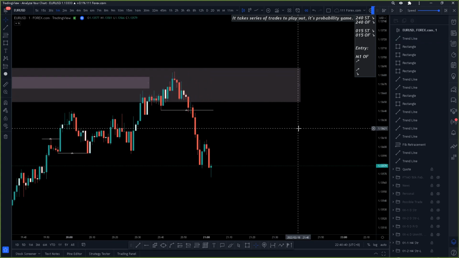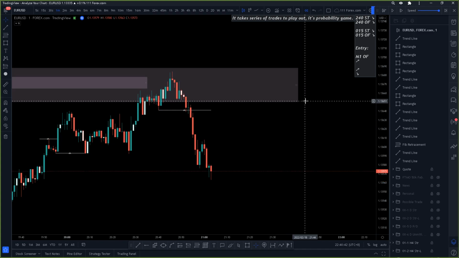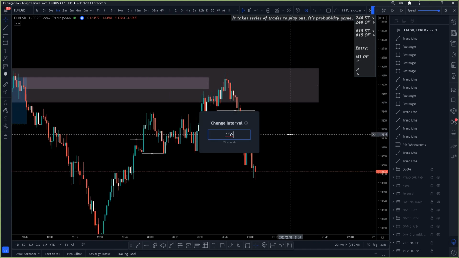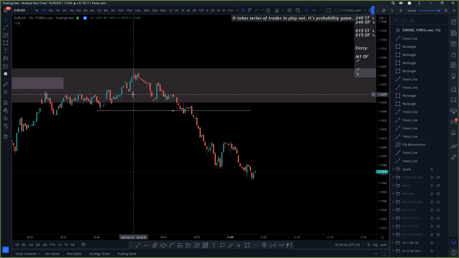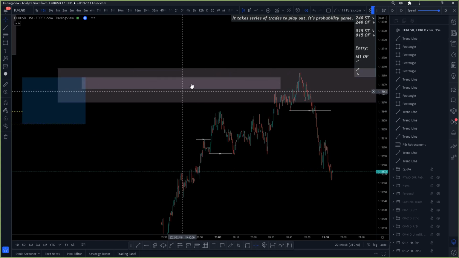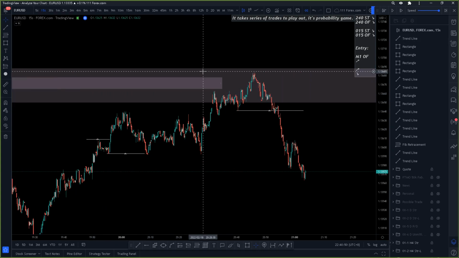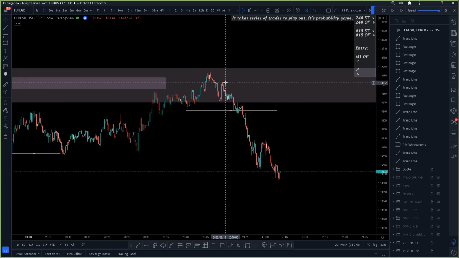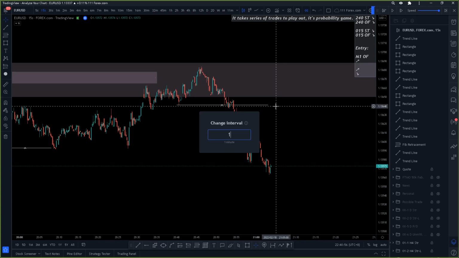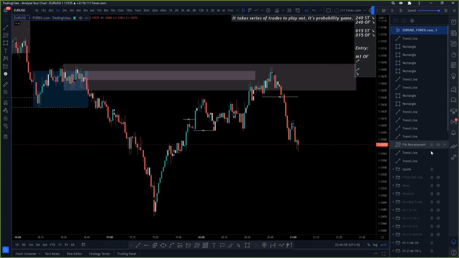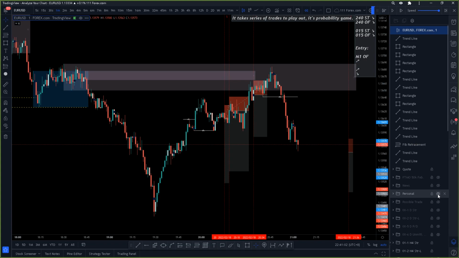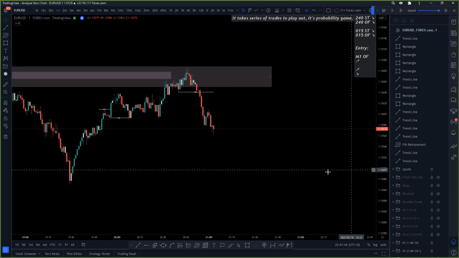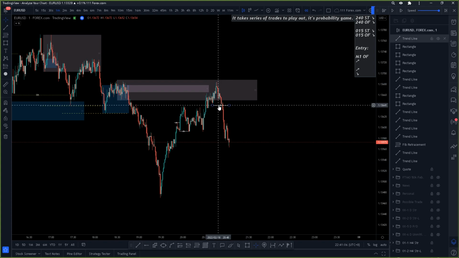Yep. Not gonna take back. Bullshit. Really hard to catch. Entry there. It's really hard to catch.